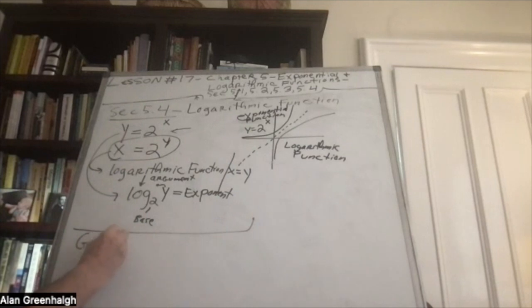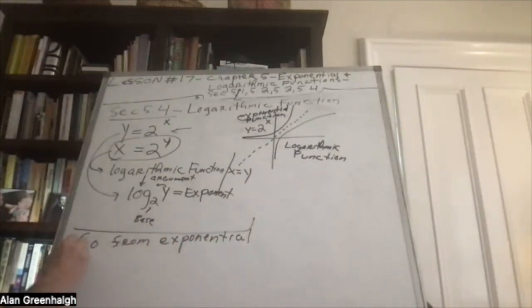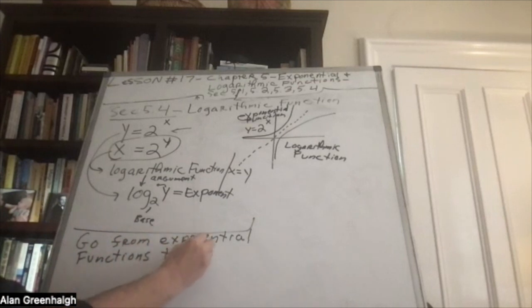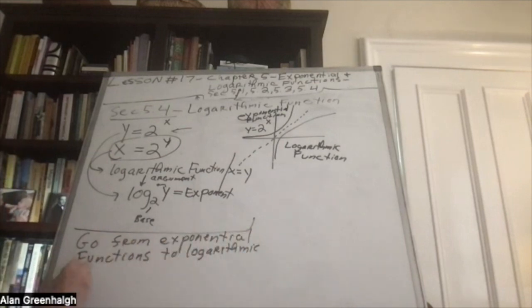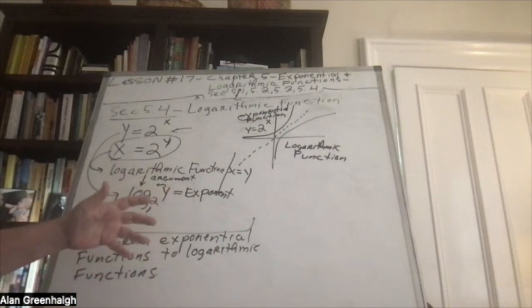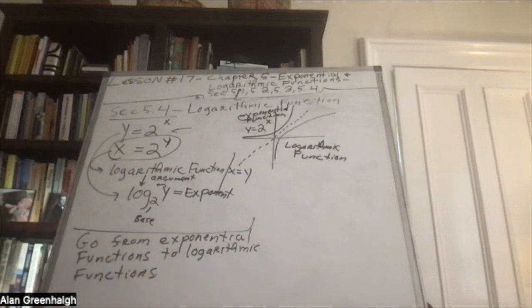So what we need to do during this section is we need to be able to go from exponential functions to logarithmic functions and the other way around, from logarithmic functions to exponential functions.